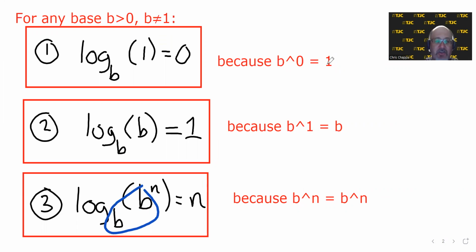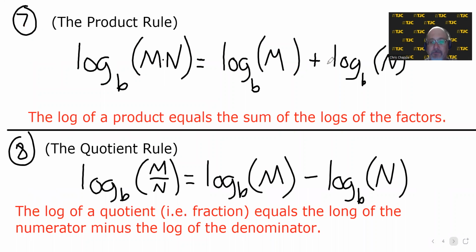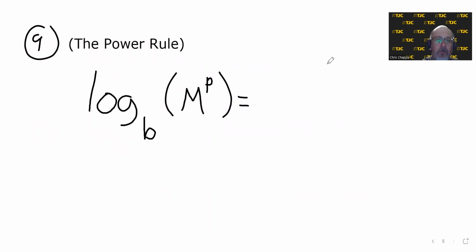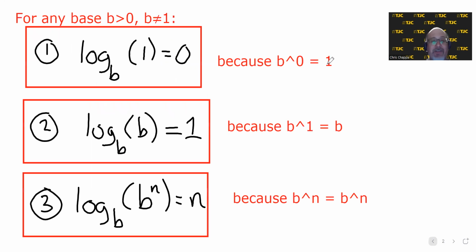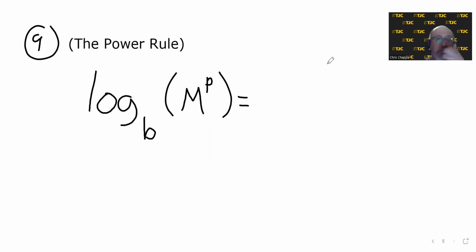These two b's matched. But in the setup for the power rule, we don't necessarily have matching bases. In other words, the base of the logarithm, which is represented with a b here, is not necessarily the same as the base of the argument, which we're representing with a capital N. So we can't just say the answer is p. Just like back here on number 3, we said the answer is n. What we can do, however, is this.